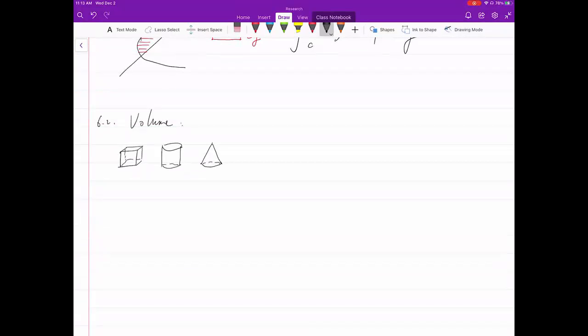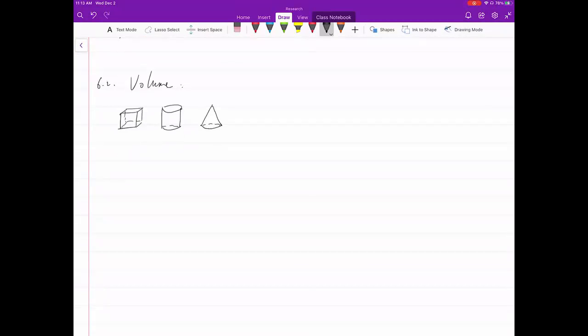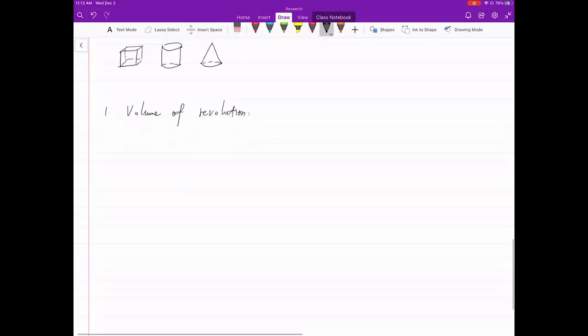Now what we want to do is push it a little bit, to a more general shape. And of course, the tool we have is integration. Let's start with volume of revolution. That's the first shape we will talk about. What is it?